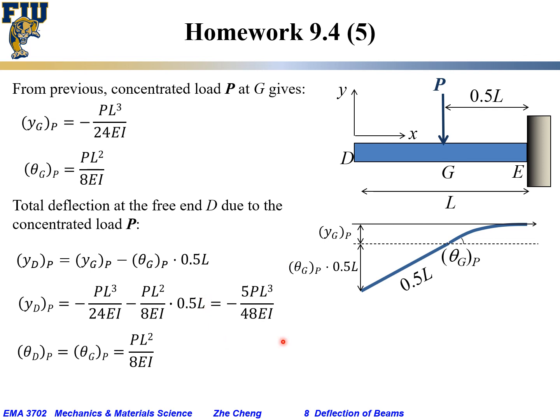So this gives us the total deflection at the D point due to the concentrated load applied at the center of this cantilever beam. On the other hand, because the remaining section remains straight, the local slope at the D end would just be the local slope at the G point, which is PL squared over 8EI.